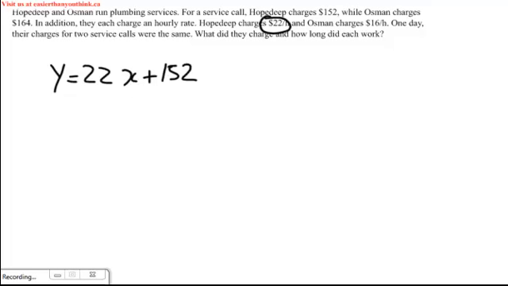Osman, on the other hand, charges $16 per hour. So the slope is 16, plus his flat fee is 164.